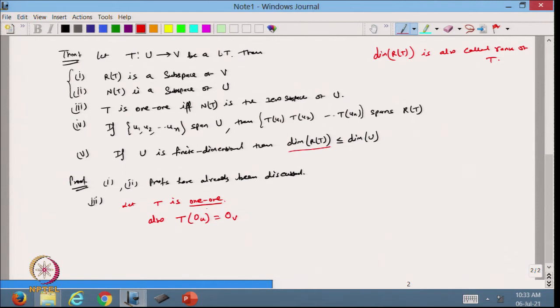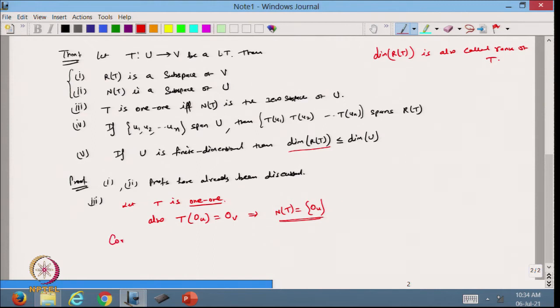So, if it is 1-1 and this is also true, it implies that the null space of T will contain only the 0 element of U, and from here we are able to show that N(T) is the only 0 subspace of U.